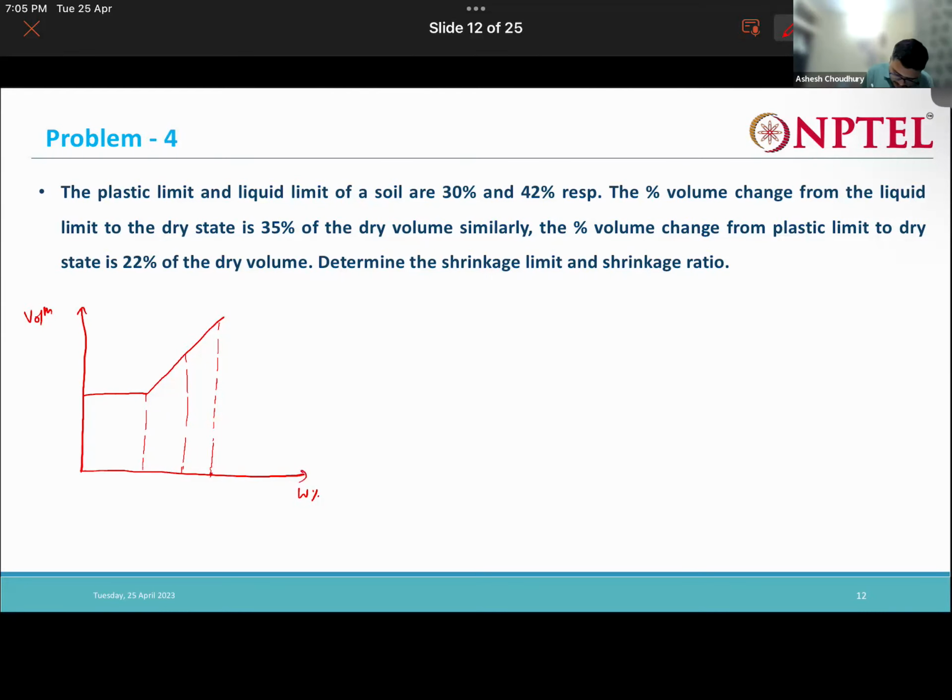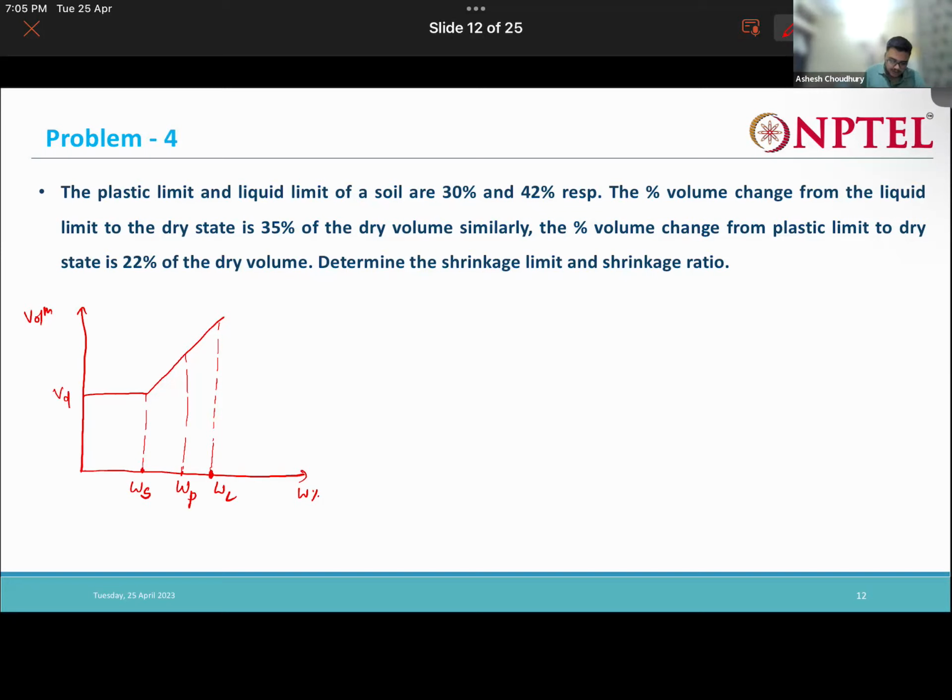What was this limit called here? Liquid limit. Yeah, it was liquid limit. And after that, this is the plastic limit. And this one? Shrinkage limit. Okay. And this one is the dry volume.